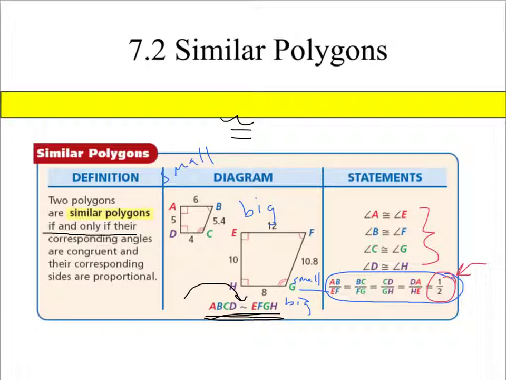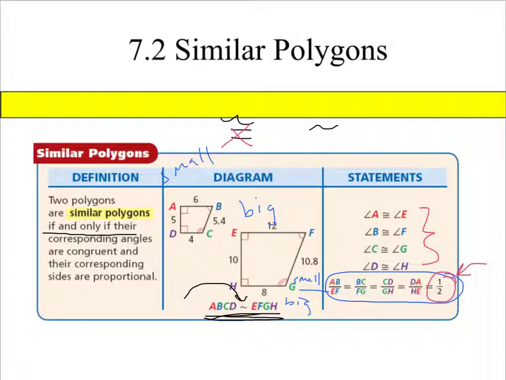Notice that all we did for similarity is take out the equal sign, and it's just a little squiggly line. That's known as a similarity sign, and ABCD is similar to EFGH is your similarity statement.